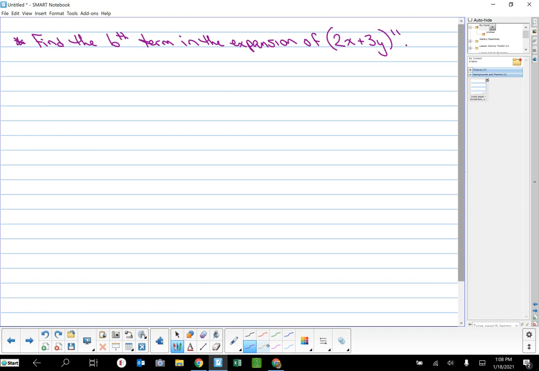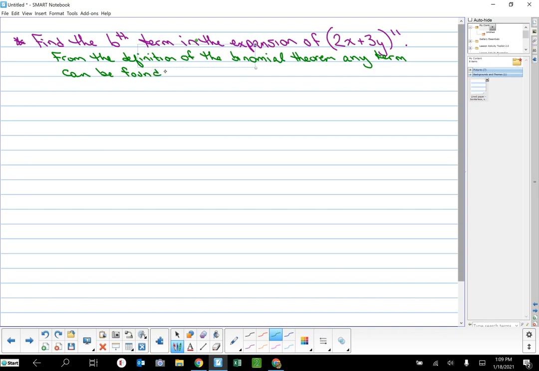Okay, and then I made a note that you may want to put in your notes. So from the definition of the binomial theorem, any term can be found by using the formula nCr.